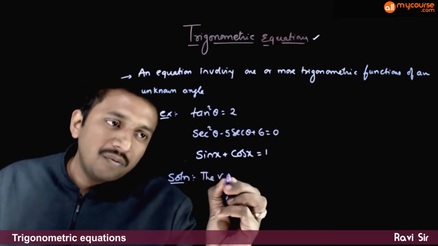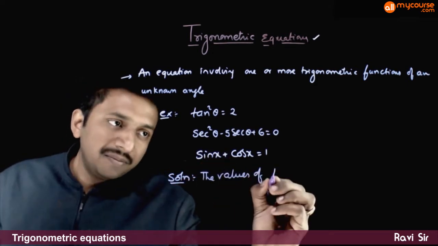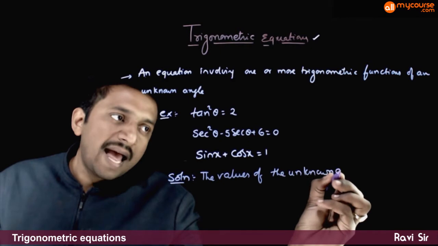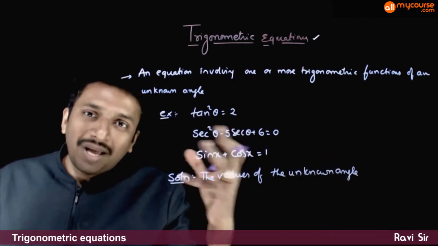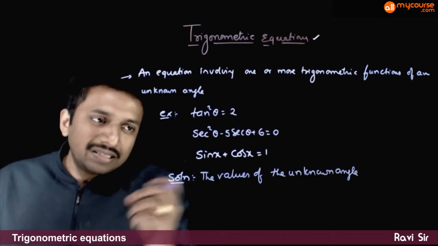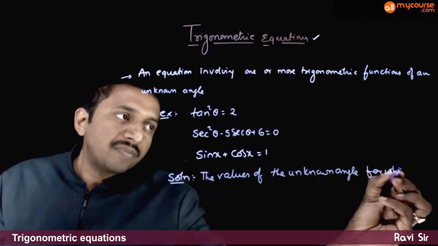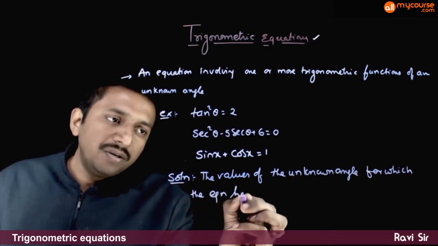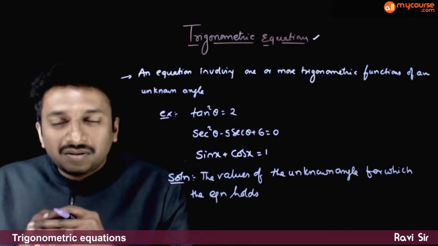The values of the unknown angle, so it might be theta in some case, x in some case, y in some equation, whatever it is, the values of the unknown angle for which the equation holds is called the solution of the trigonometric equation.